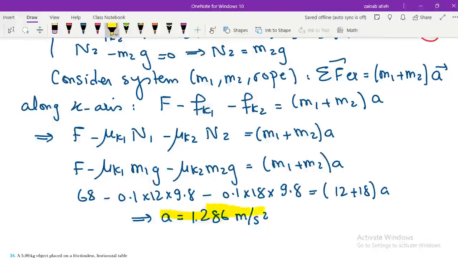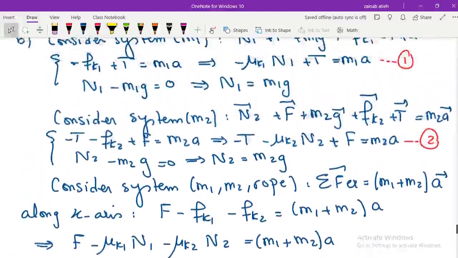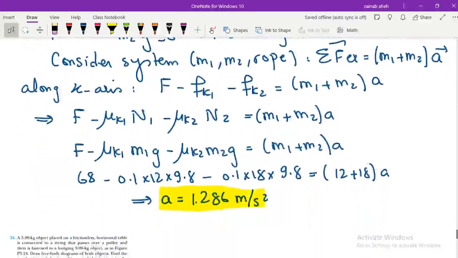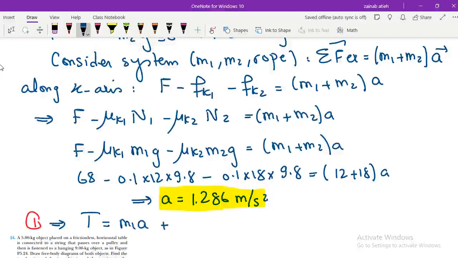Now if I want to find the tension, it is considered an internal force for the system M1, M2 and the rope. So I have to choose one block to study in order to find T. I can only find the tension by taking one of the equations I derived above from the systems M1 and M2. As you see here, I will take equation 1 from system M1: T equals M1A plus mu K1 N1, and N1 was M1G. So T equals M1A plus mu K1 M1G.